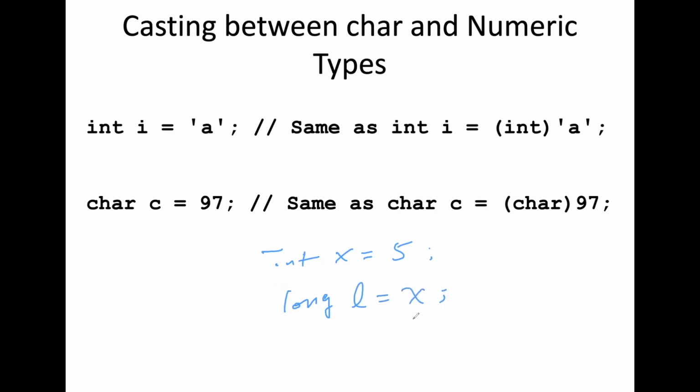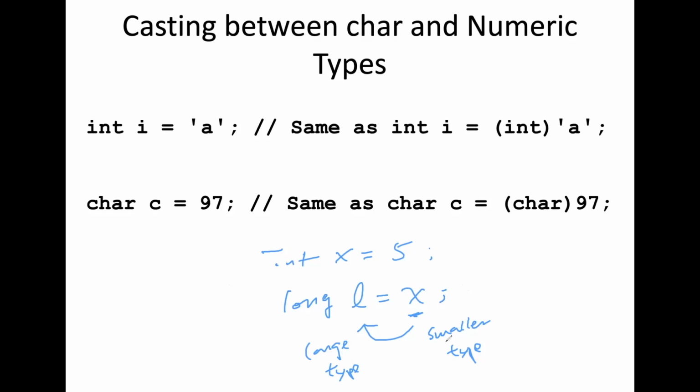Now, this is what we call implicit or widening conversion. Basically, what we're trying to do is put an integer into a much larger space. So this is a smaller type to a larger type. This is done automatically by Java. This conversion is safe because the Java compiler handles this automatically.